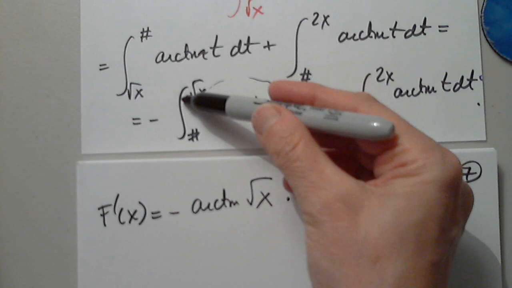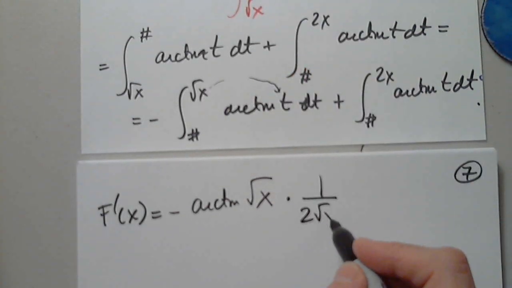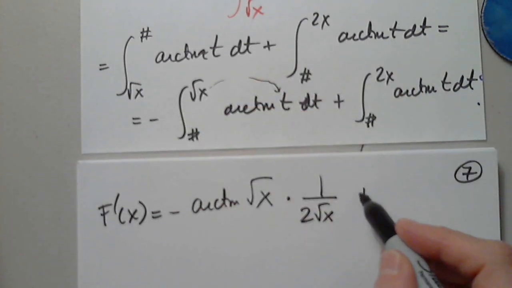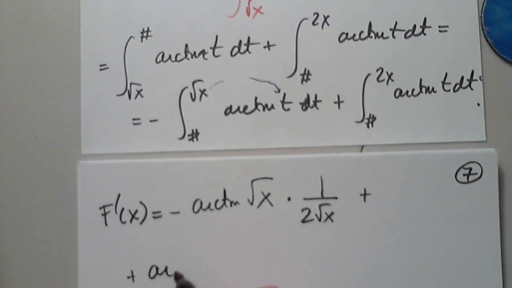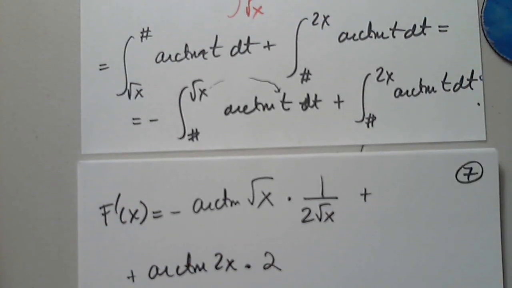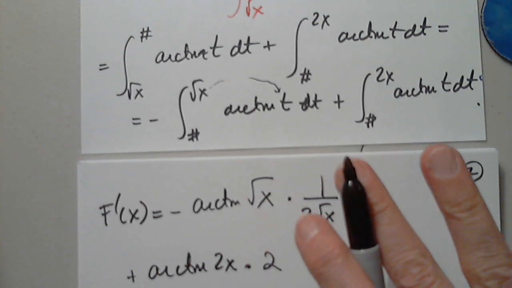When I differentiate the square root of x, I get 1 over 2 the square root of x. And this is done. Now plus, I replace t by 2x: arctangent 2x times the inner function prime, which is 2. You can leave it alone. Do not attempt to simplify anything. This is it.